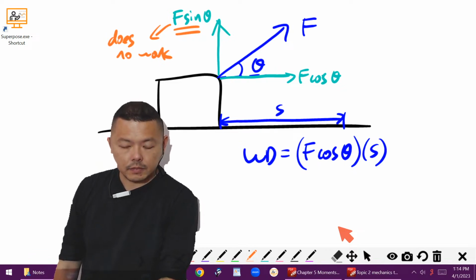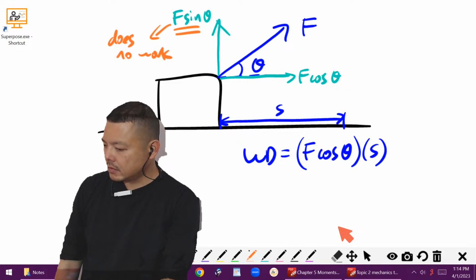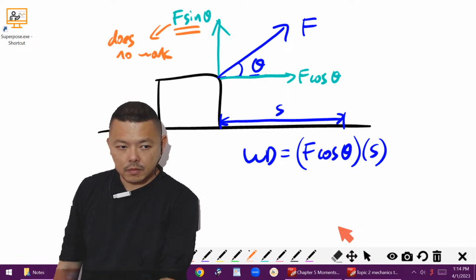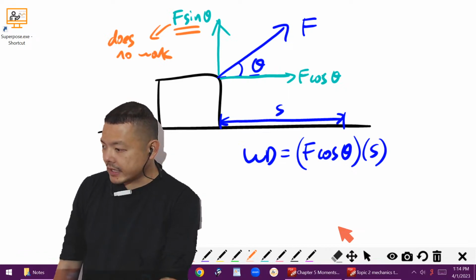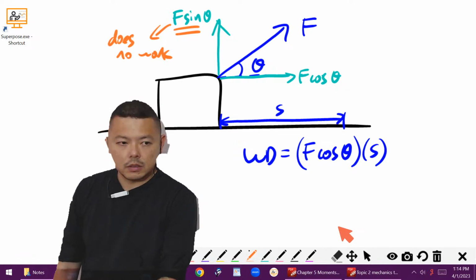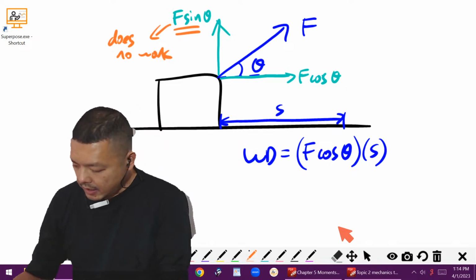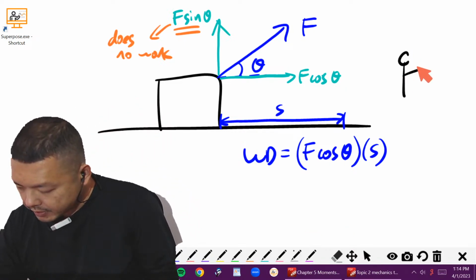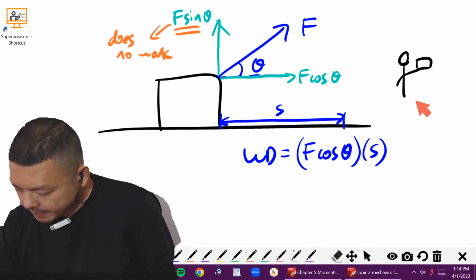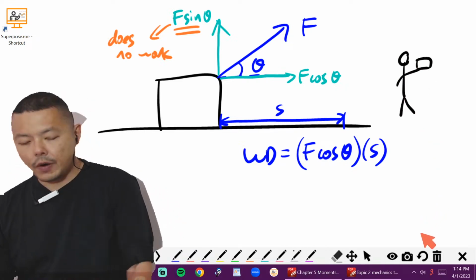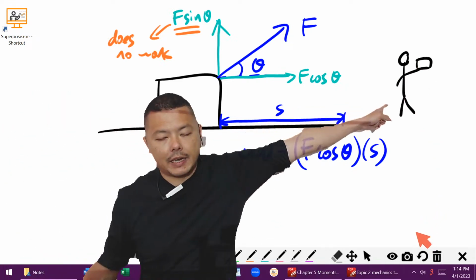If you apply a force and the object doesn't move, what's the work done? 0. If you have someone holding a book like this, what is the force that the person applies on the book?